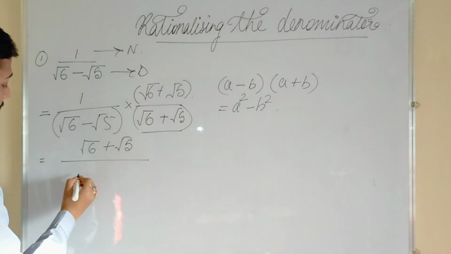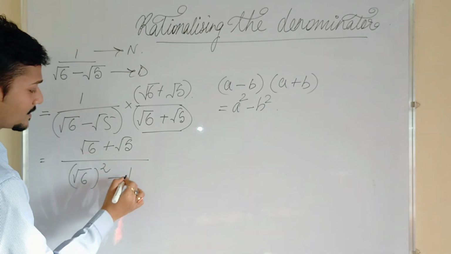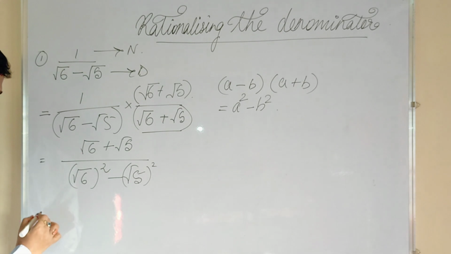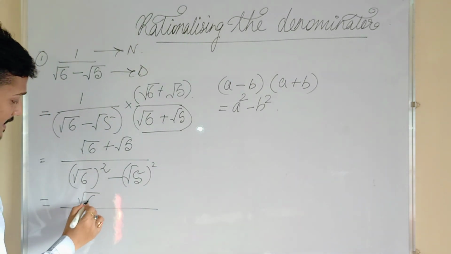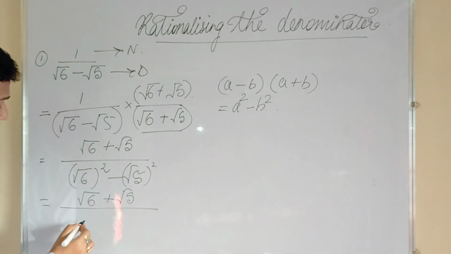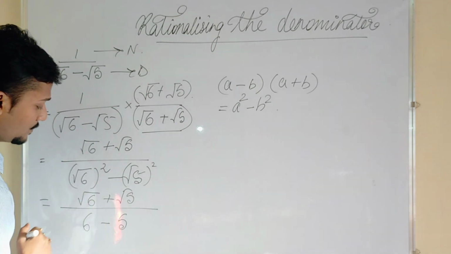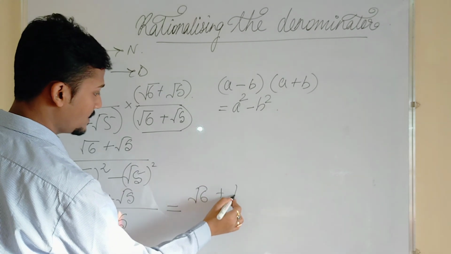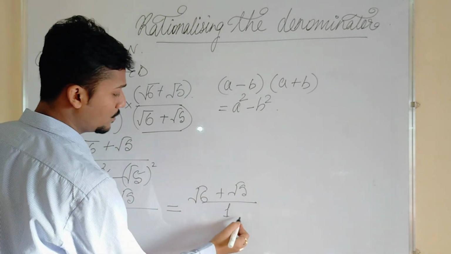And the denominator will be converted into the form a square minus b square. Root 6 whole square is 6, minus root 5 whole square is 5. It will be root 6 plus root 5 by 6 minus 5, which is 1.